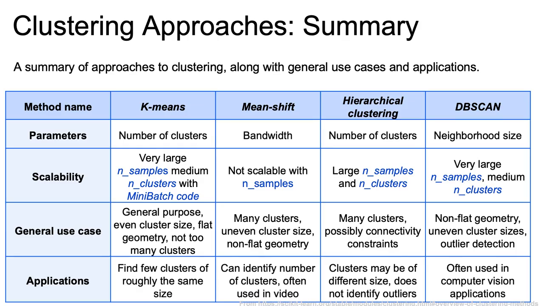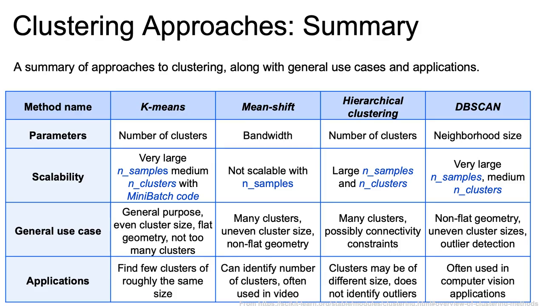With mean shift, you can identify the number of clusters on its own. So if you don't know the number of clusters, this is a good choice, often used in video. And also, again, if you don't know those clusters, this is good for a business case, especially if DBSCAN may be difficult to fine-tune or if you have clusters of different densities.